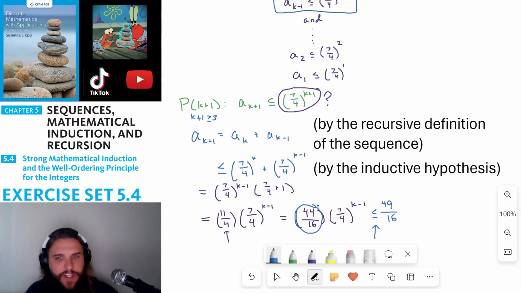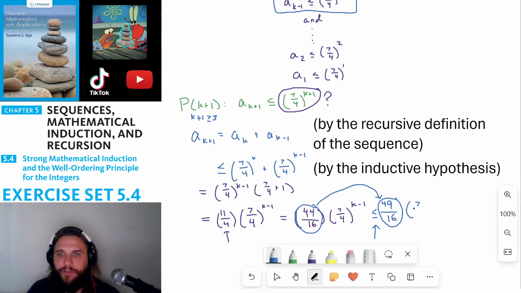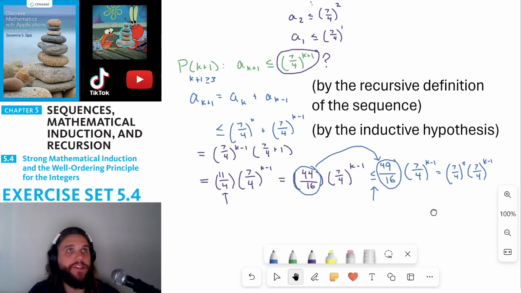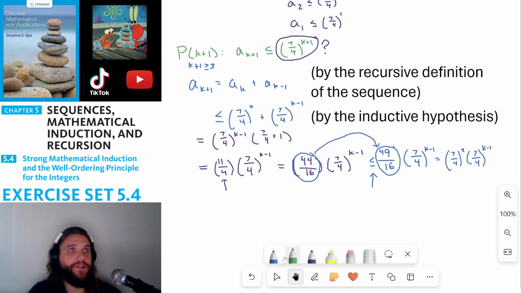So I'm replacing this number with a bigger number. And if I replace that number with a bigger number, I'm going to get a bigger product here. 49/16 times 7/4 to the k minus 1, which I can then rewrite as 7/4 squared times 7/4 to the k minus 1. And now that they have the same base, I can simply add the two exponents together using the law of exponents. This is equal to 7/4 all raised to the k plus 1th power.